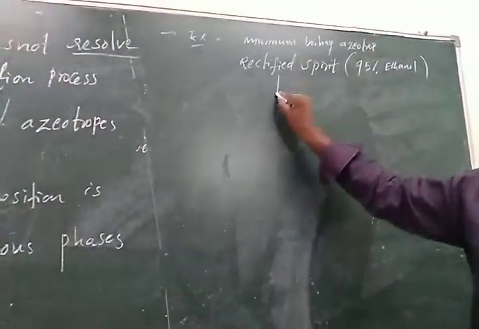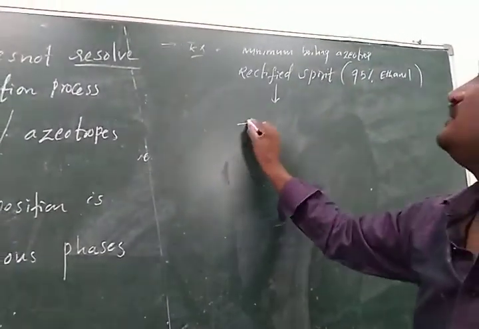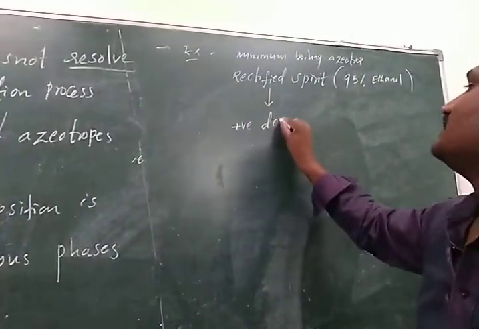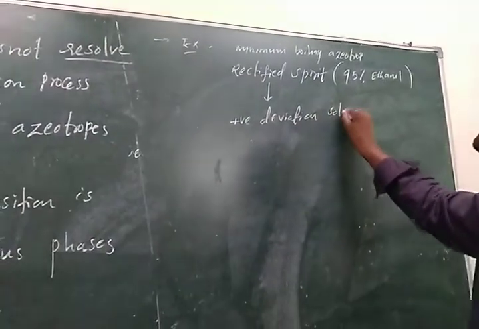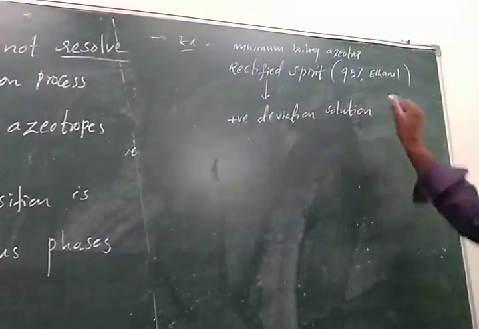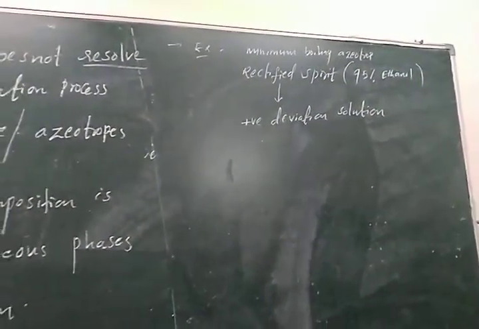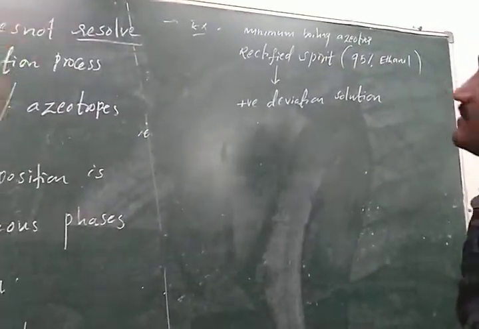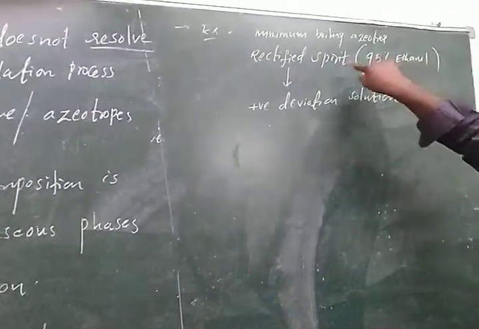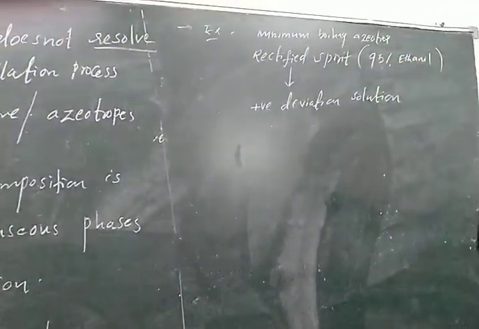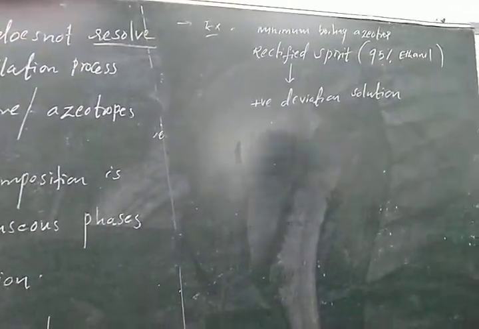This solution shows positive deviation. In the liquid state and the vaporized state also, the ethanol and water percentage is in the 95:5 ratio.